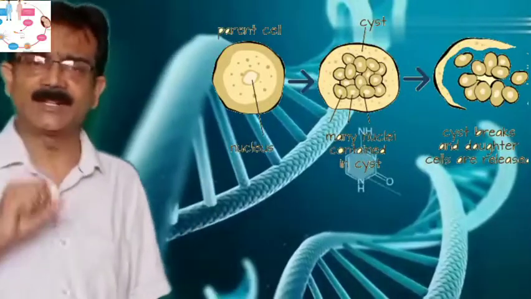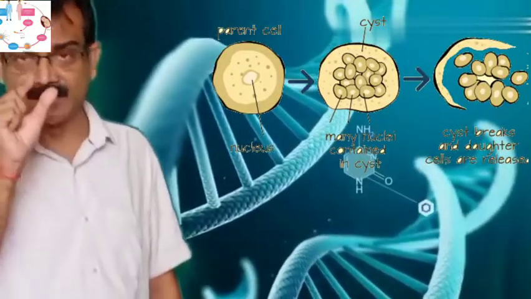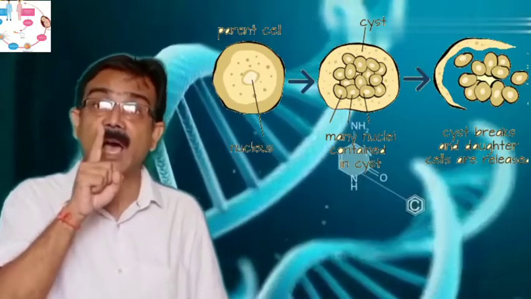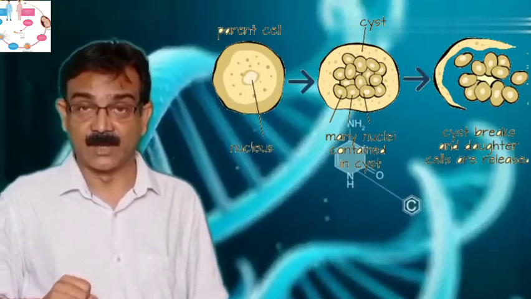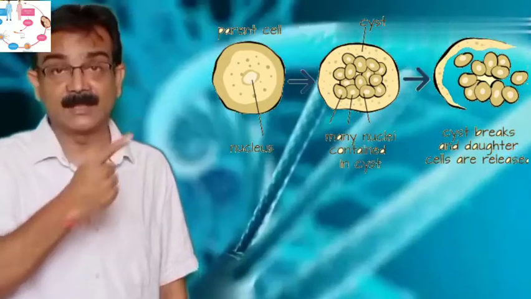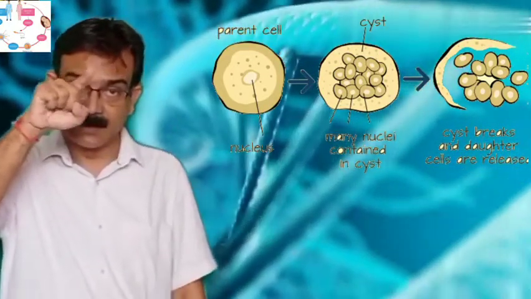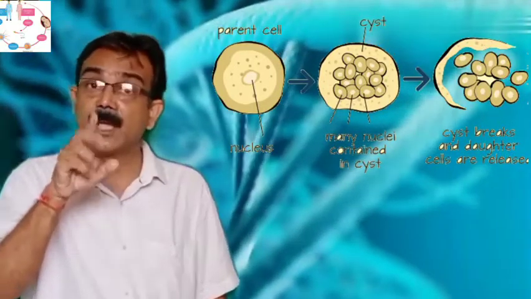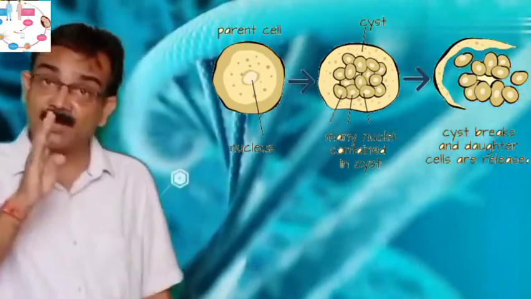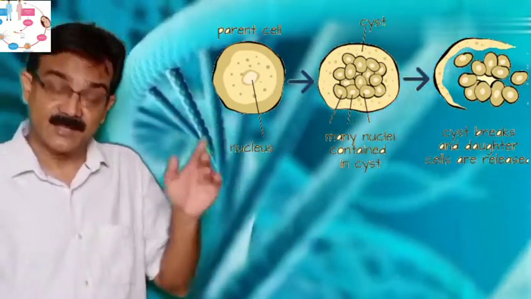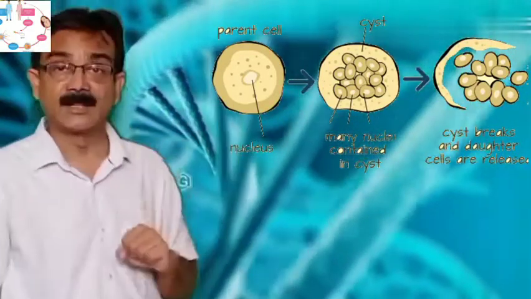And actually, you know what happened? Multiple fission often takes place especially in unicellular organisms when they are facing unfavorable conditions. When they are facing unfavorable conditions, they form multiple daughter cells and are protected in a cyst, and when the favorable conditions come back, the cyst bursts out, as you are observing in the diagram.